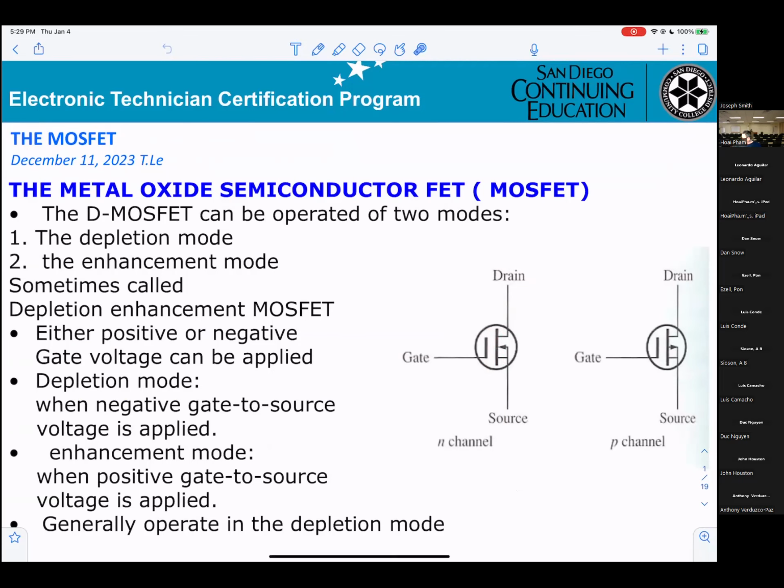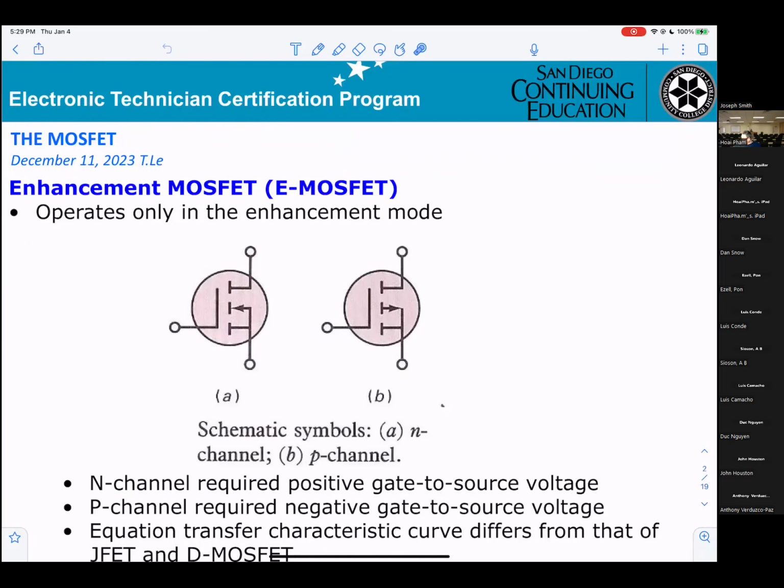However, on the other one, it is broken right here. So that will be E MOSFET, and there is one N channel and one P channel. N channel, arrow coming in, this coming out.